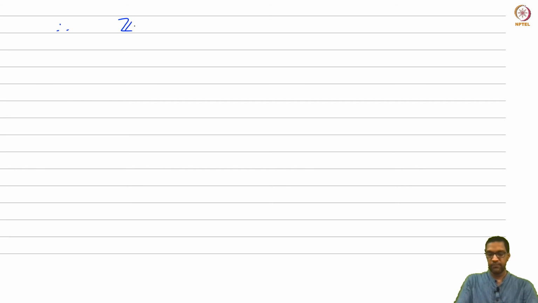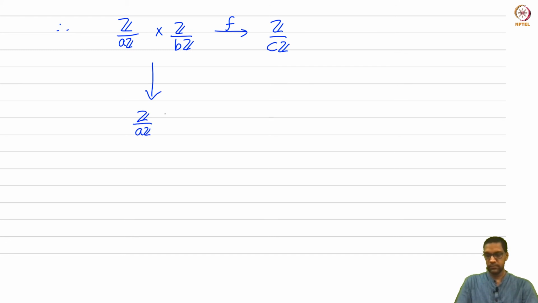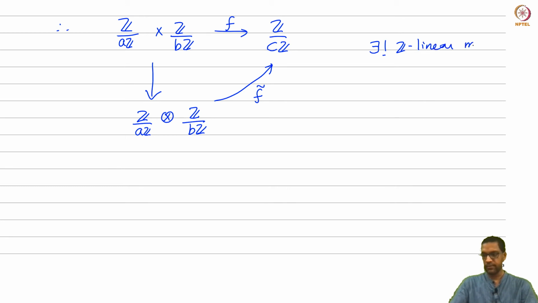Therefore, I obtain this map F. So there exists a unique map which is a homomorphism of Z modules. So there is a unique Z linear map F tilde such that the diagram commutes, meaning F tilde evaluated on what?